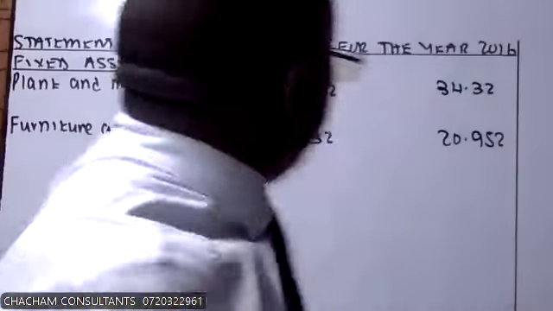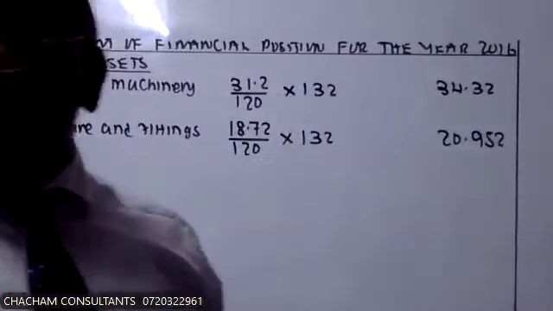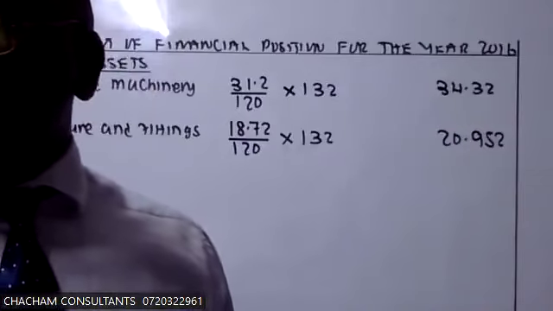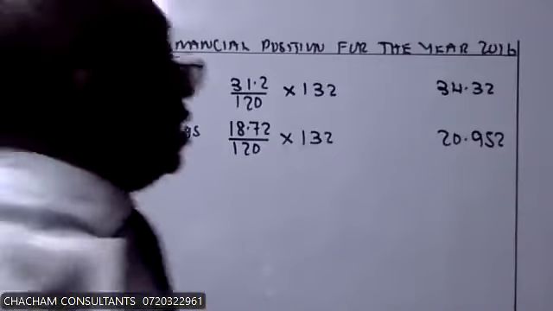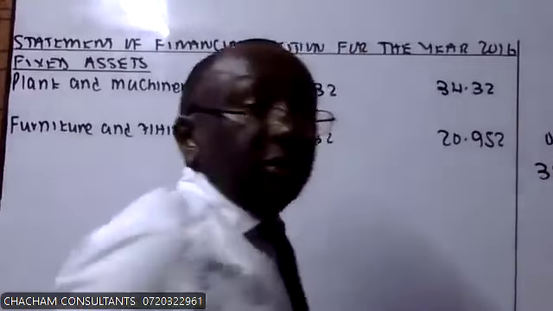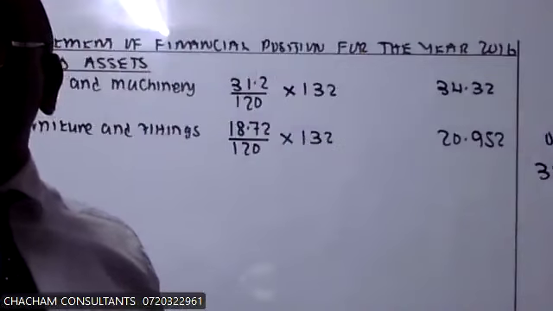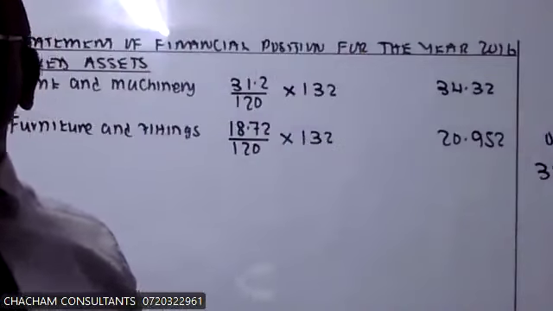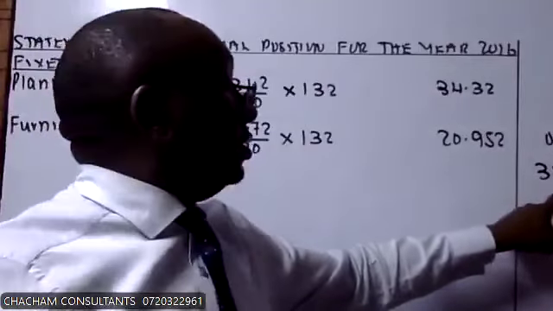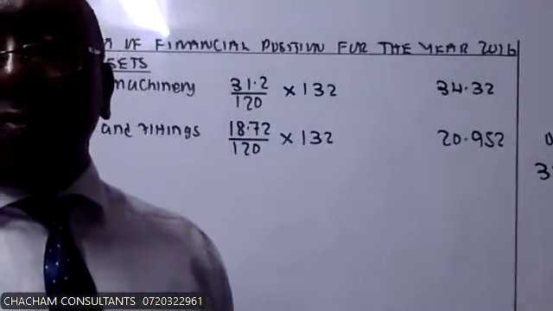In the question it appears like 1.200, but it's supposed to be 1,200 because the figures are in thousands. So this one, that 1.2, when you convert it into millions, it is 1.2.